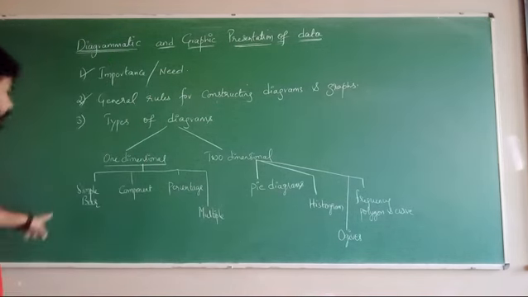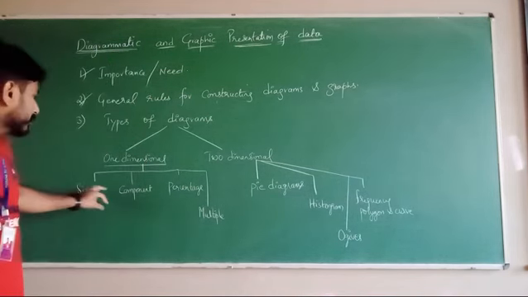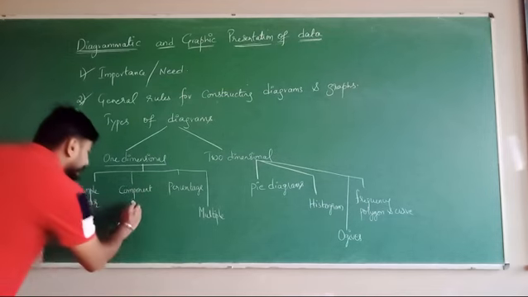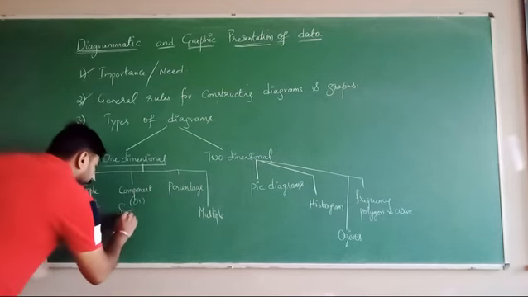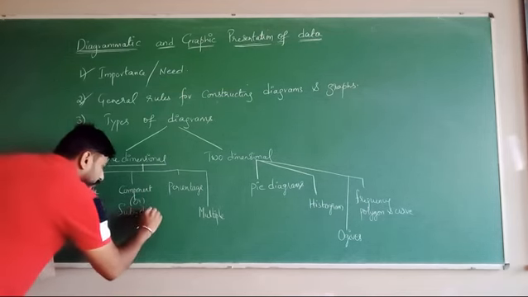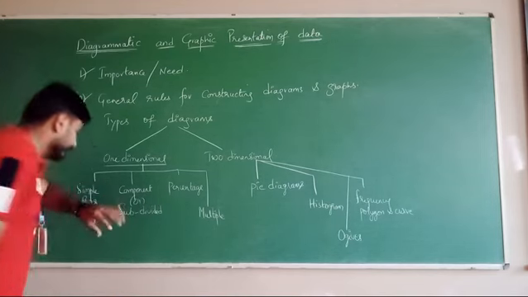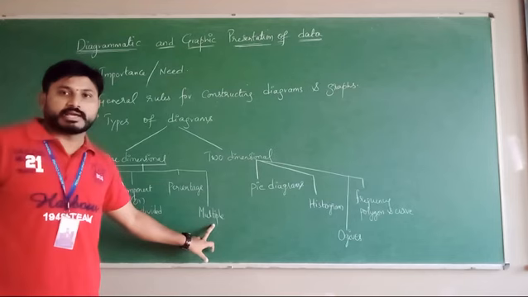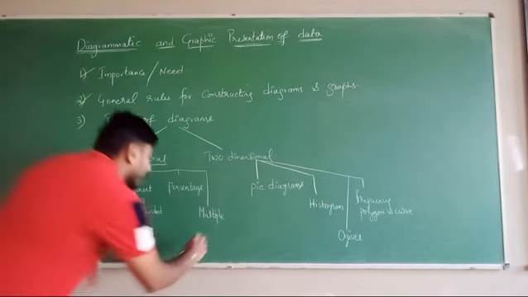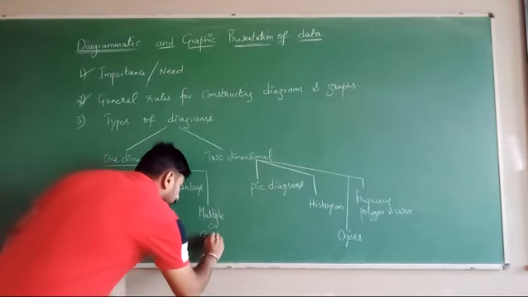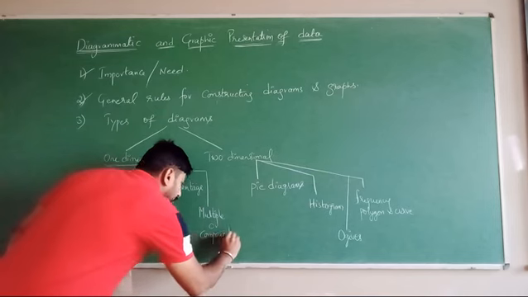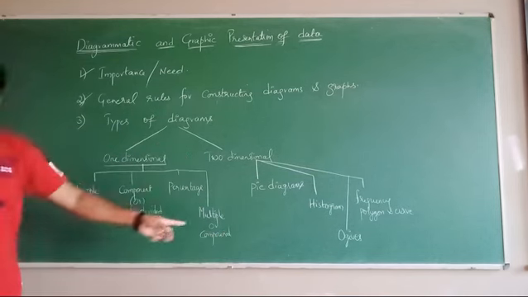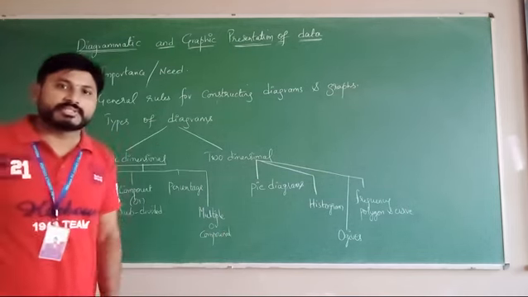I repeat once again: simple bar diagram, component or subdivided bar diagram, percentage bar diagram, multiple bar diagram or compound bar diagram. So all these bar diagrams are one-dimensional diagrams.